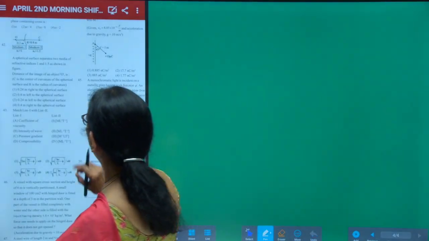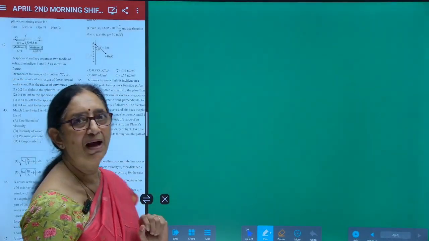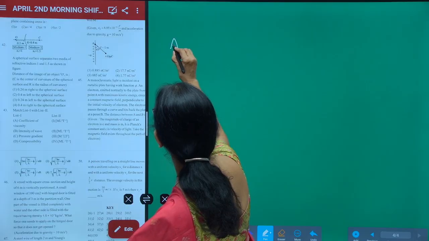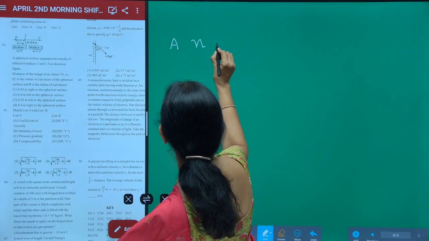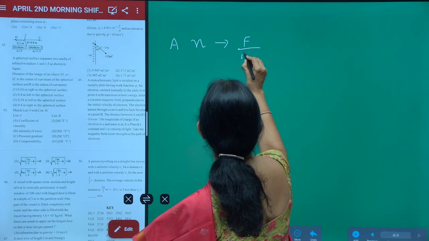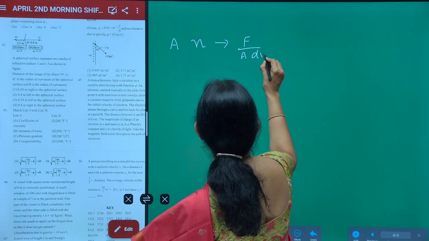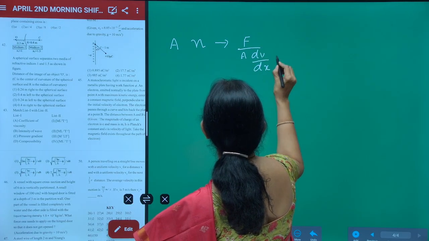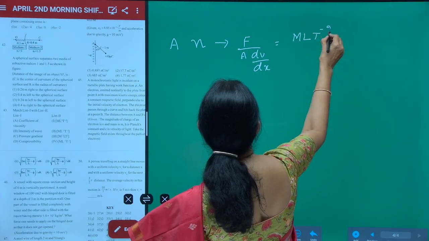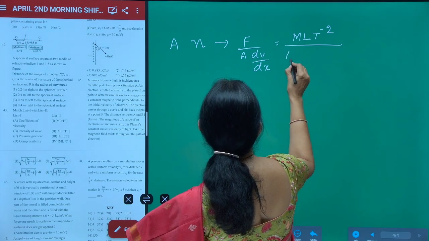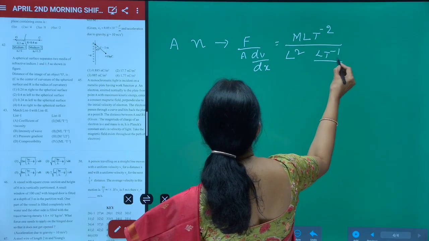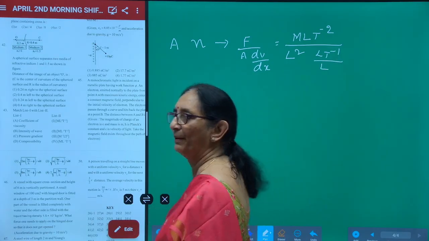See here, 43. You have to match the list. Look here. A is coefficient of viscosity. Its dimensional formula is force per unit area per unit velocity gradient. For force, the dimensional formula is m L t power minus 2, by area which is L square, velocity is L t power minus 1, gradient by distance.